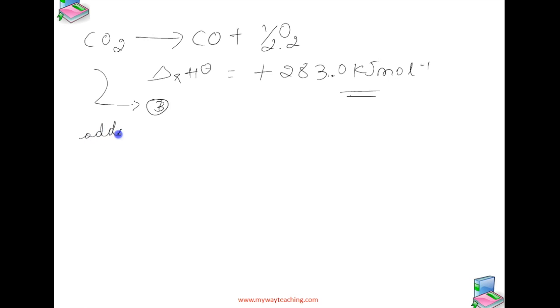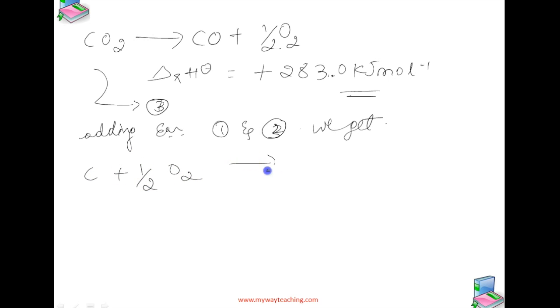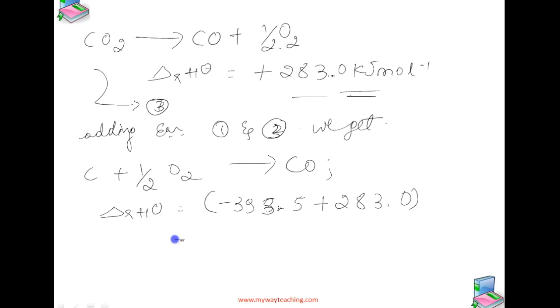Adding equations 1 and 3, we get delta RH equal to minus 393.5 plus 283, so we are getting minus 110.5 kilojoule per mole.